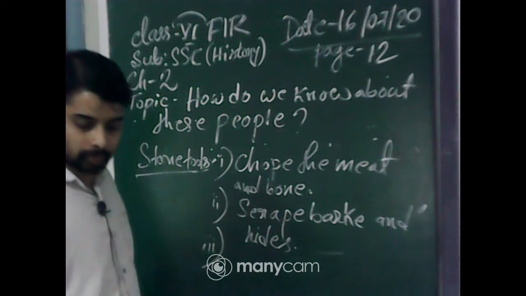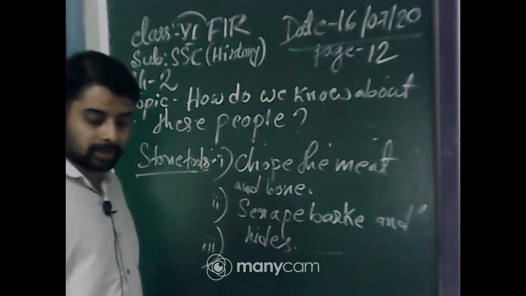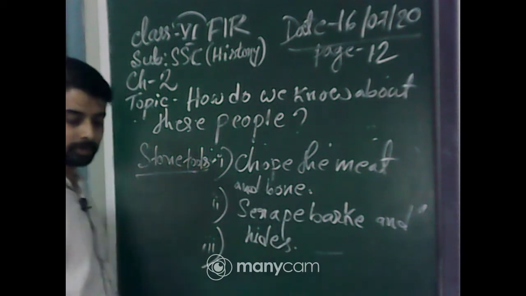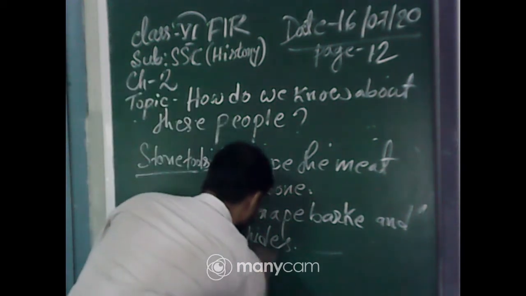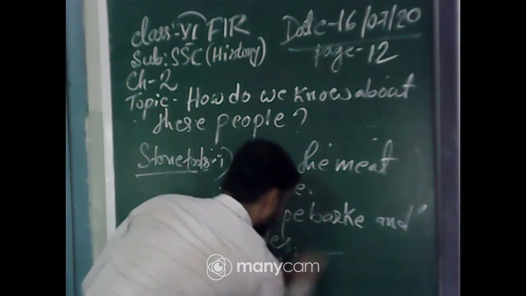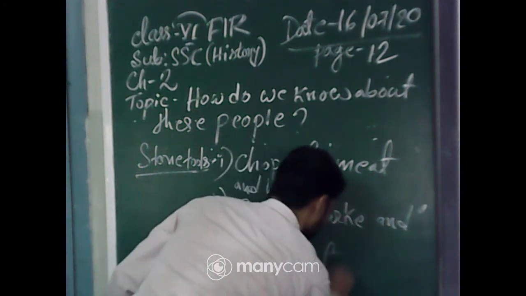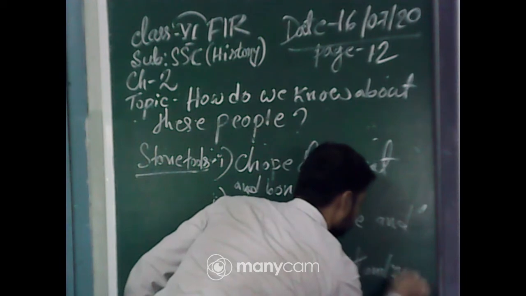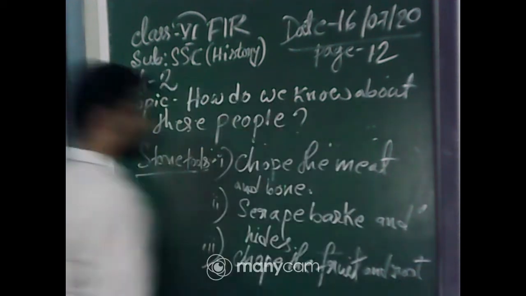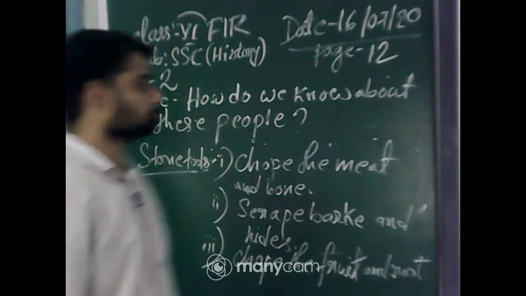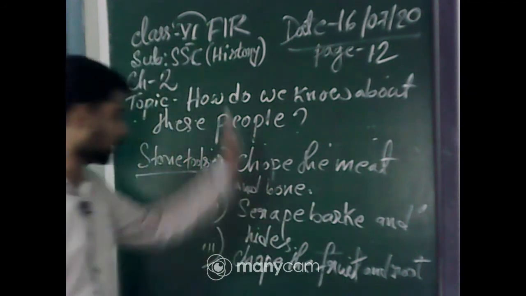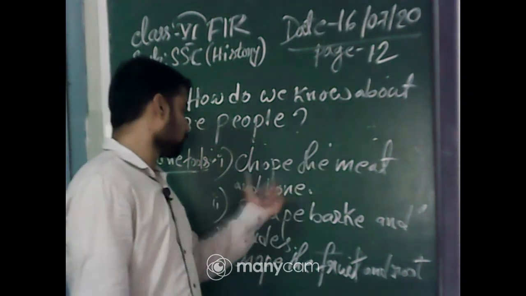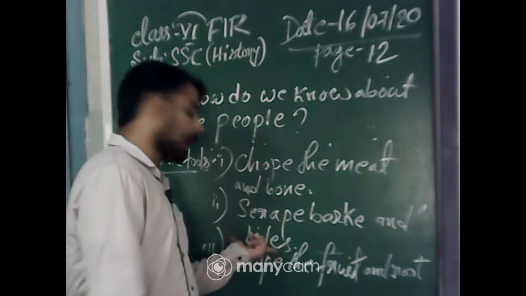The third one was used to chop fruit and roots. So, these are the three types of stone tools. Number one, chop meat and bone and scrape bark and hides.